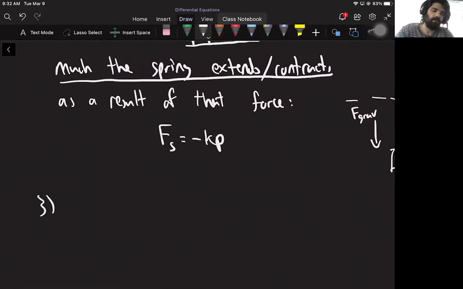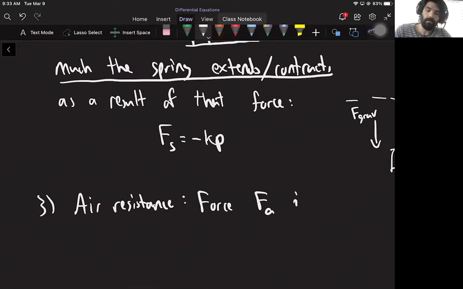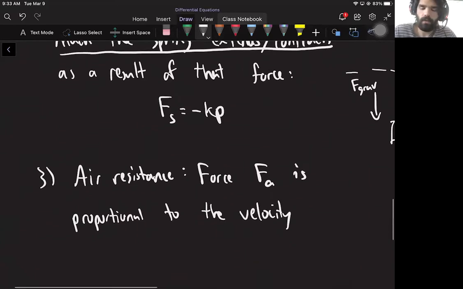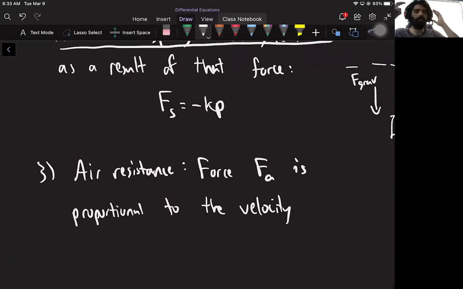Okay, and then the last thing is that there will be air resistance. First, we'll have no air resistance, but then we'll bring it in. So that's the third force. And we talked about this before when we did the falling body problem. So it's just proportional to the velocity, but it's always pushing against whichever direction the velocity is going.